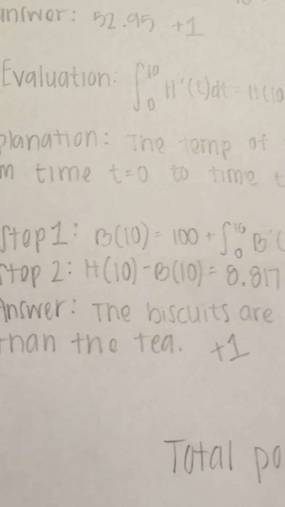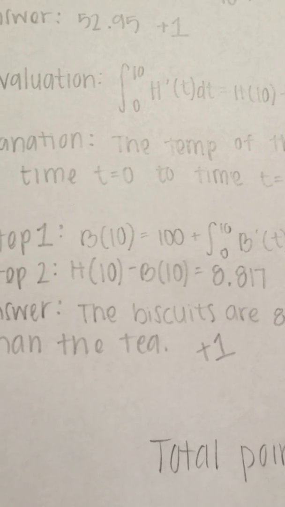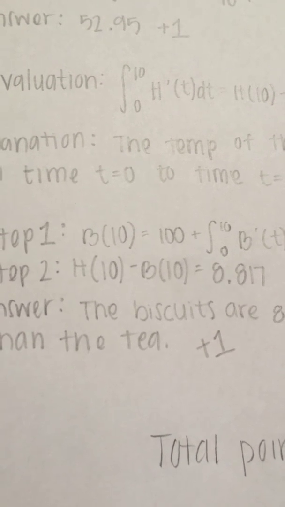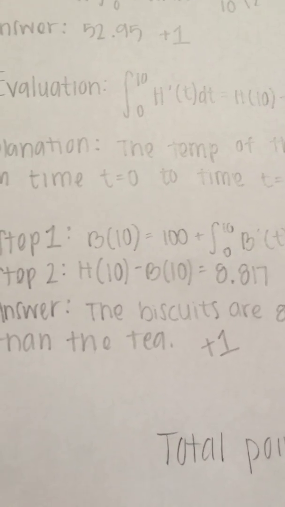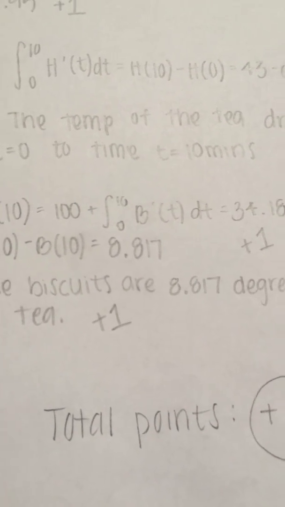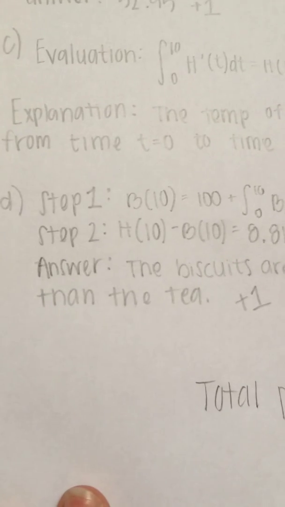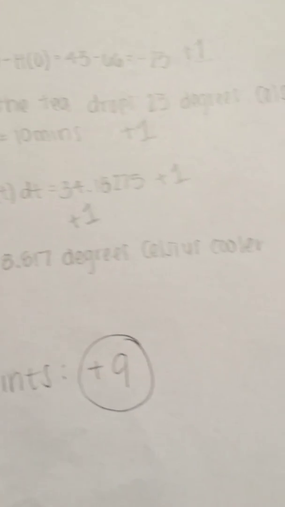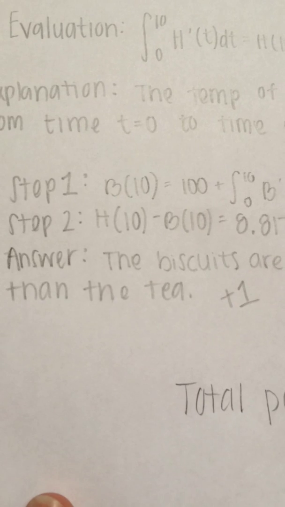Step 2, you're going to do H(10) minus B(10), and for that you get 8.817. The answer, which is your explanation, is the biscuits are 8.817 degrees Celsius cooler than the tea.